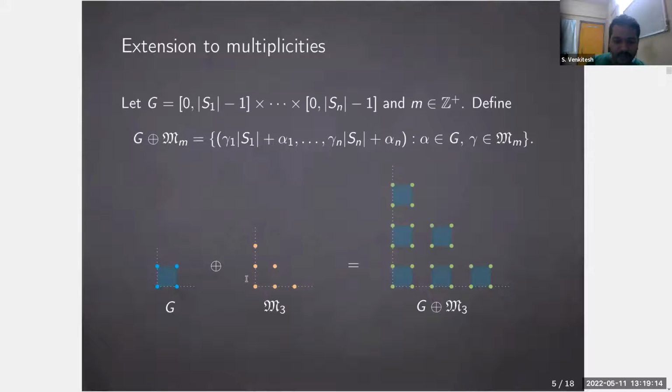So going back to this figure, if my grid is here, and if I'm considering a vector space of an appropriate dimension where every vector in the space is an evaluation vector of a polynomial and its derivatives of order at most 2 at all points in the grid, then it has a unique expression as a linear combination of monomials in G sum M3. Right. So that's the multiplicity extension of the combinatorial Nullstellensatz.